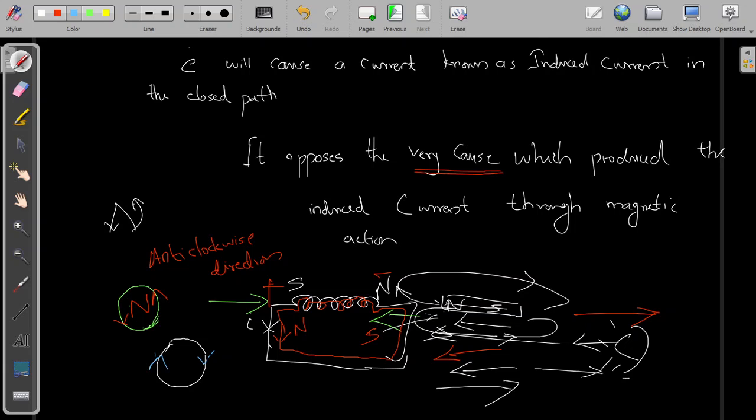Okay, clockwise direction like this. So the current in the circuit will have a direction like this, clockwise. So the polarity got changed: plus here and minus here.